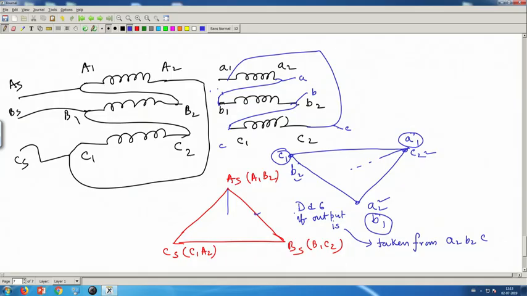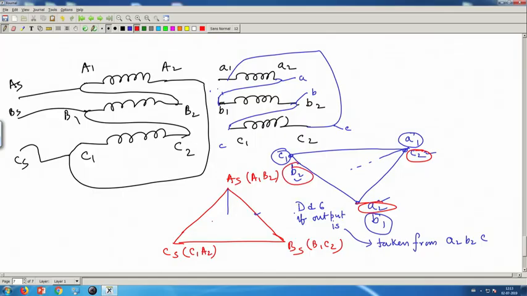For example, Y6, star 6 connection. You have to take the output from A2, B2, C2, with A1, B1, C1 shorted, but nonetheless the phase sequence is maintained and things like that. So, this I will circle with red, A2, B2, and where is C2? C2, A2, B2.